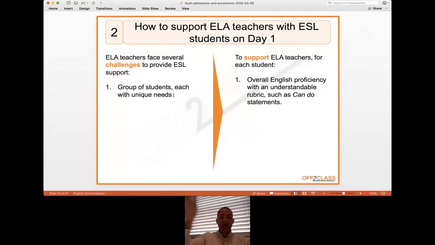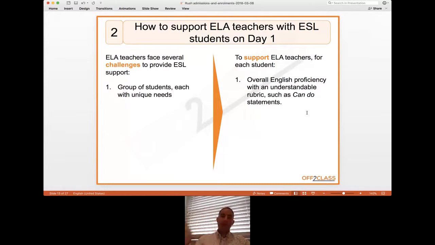Not every student, as best as we try to bucket them into like-minded groups, each student is going to have their own needs. So when those students fall on the ELA teacher on day one, what we really need is an understandable proficiency with can-do statements the ELA teacher can use to acclimatize themselves to this student.